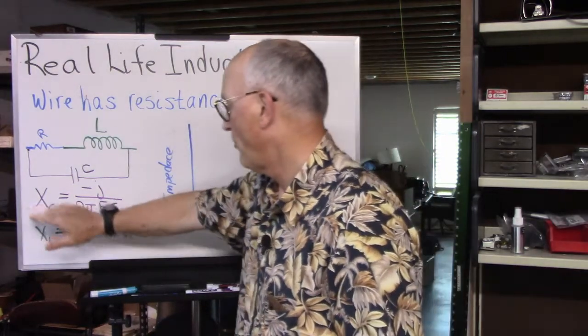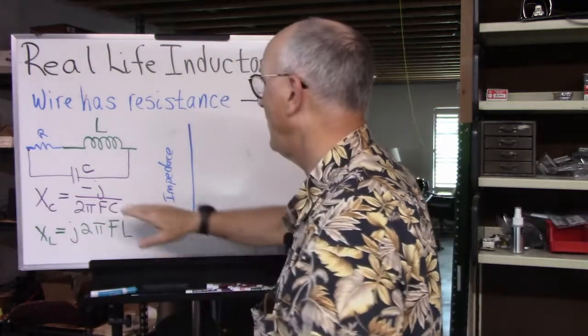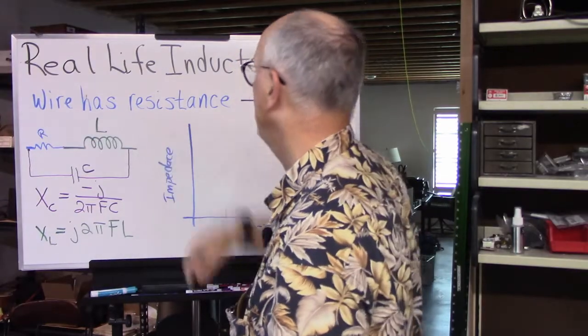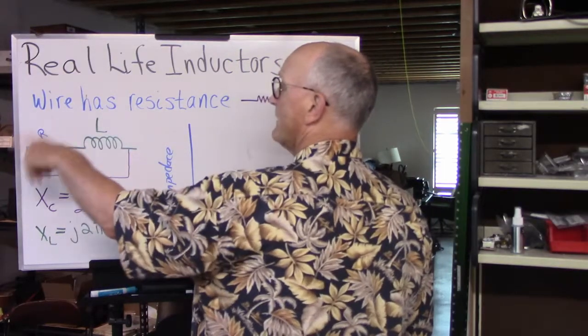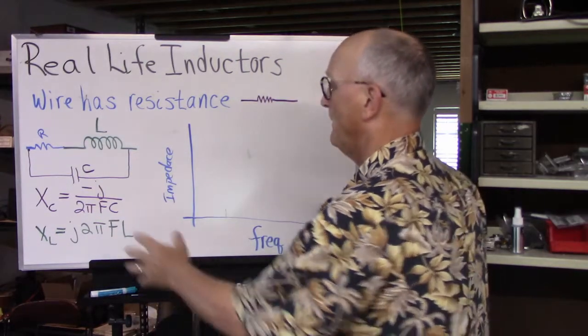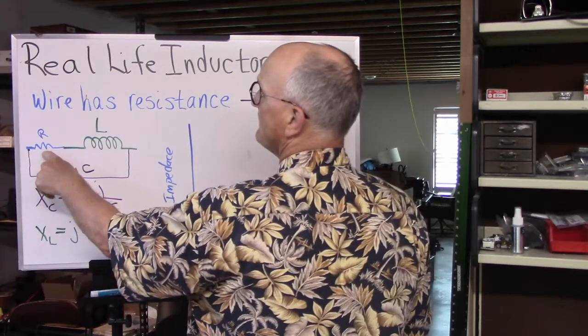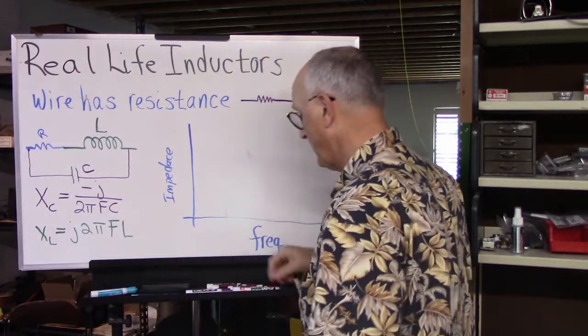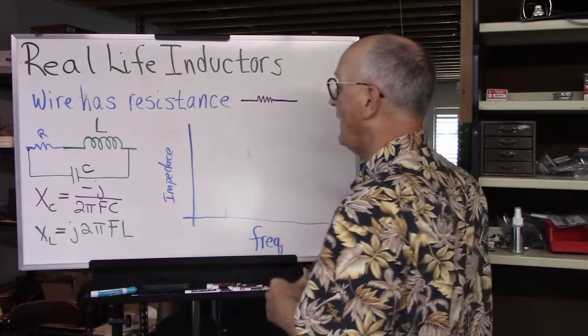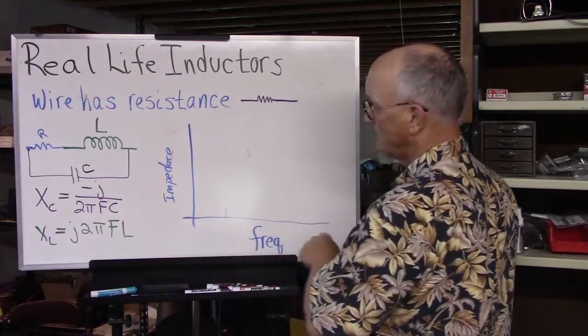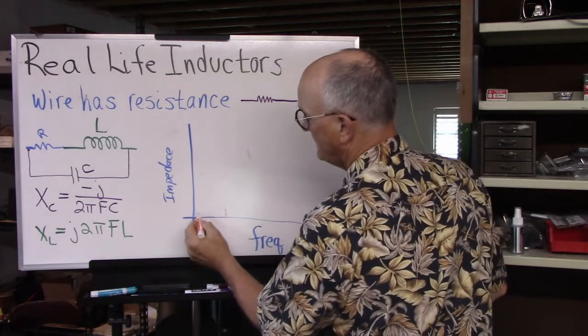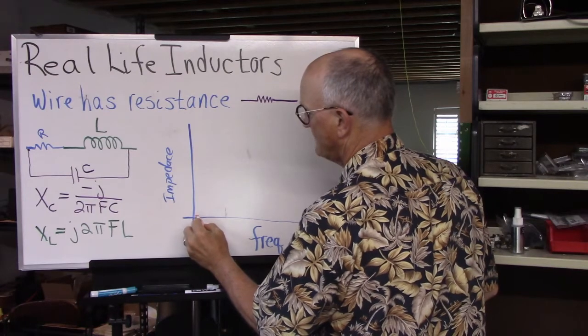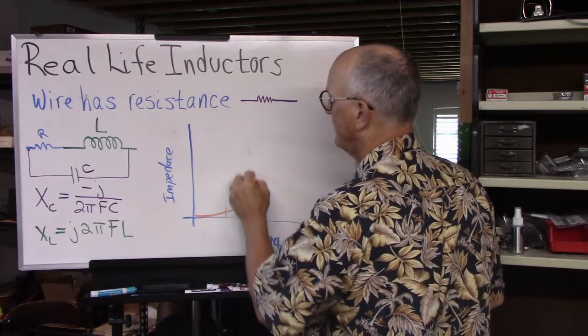So if we were to plot the impedance of this entire circuit here, based on these equations, plus we add in the R, if we were to plot impedance versus frequency, what you would see is the impedance would do one of these.